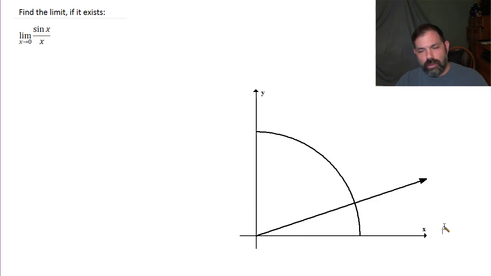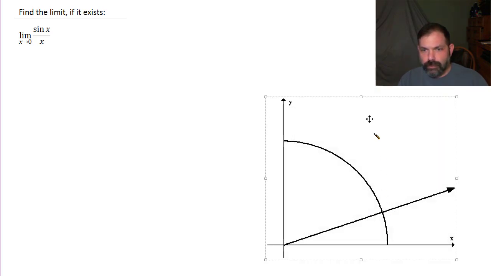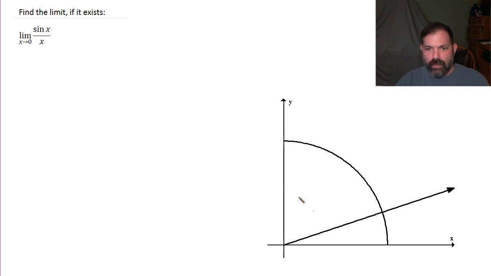So this one's tricky, and we can't use the same exact concept that we did before, unfortunately. It just doesn't work. So we actually rely on a geometric argument. Here I've got this diagram, a part of a circle in the first quadrant, and this ray.